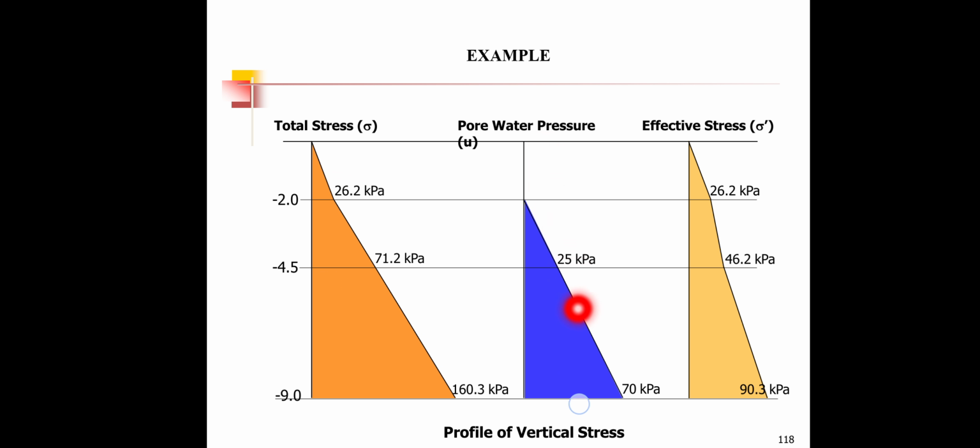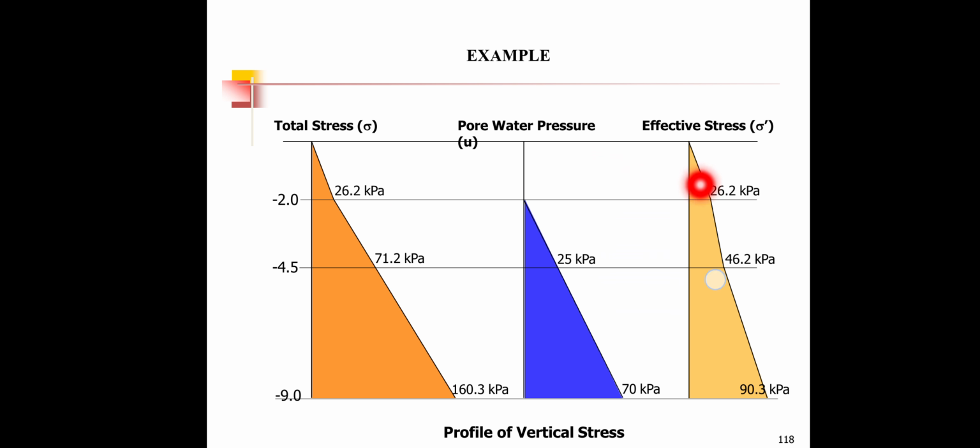If you take only the pressure carried by the water, it is represented that water exists from 2 meter depth till 9 meter depth. At 4.5, minus 2, the depth is 2.5, and with unit weight of water 10, 10 into 2.5 is 25. Where the depth is 4.5, 4.5 into 10 is 45, so 25 plus 45 is 70 kilonewton per square meter.